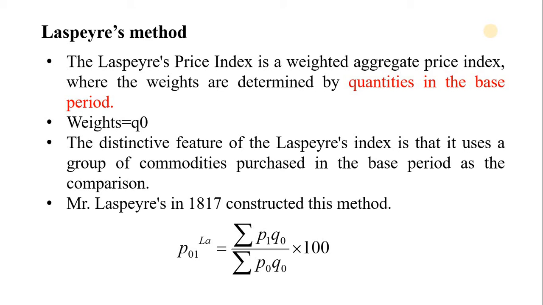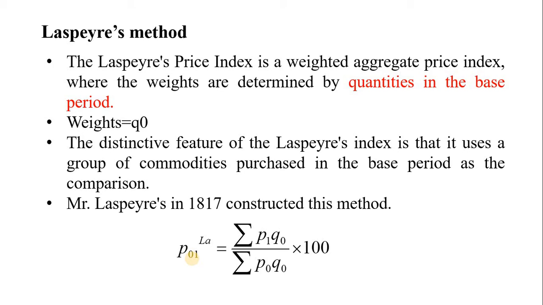Okay, so what will be the index number? According to Laspeyres, the price index number for the current period, considering Q0 as the weight, is called P01. P01 means the price index number for the current year based on the base year.